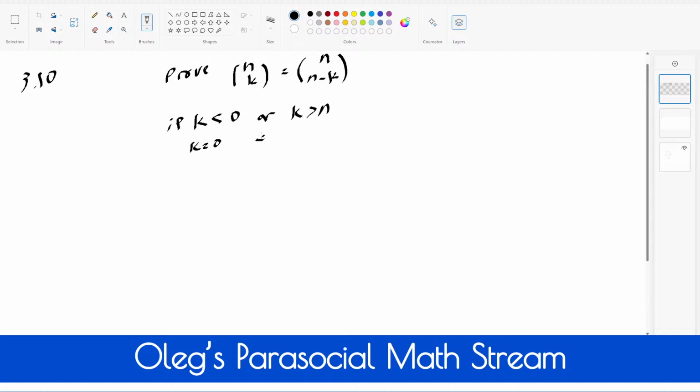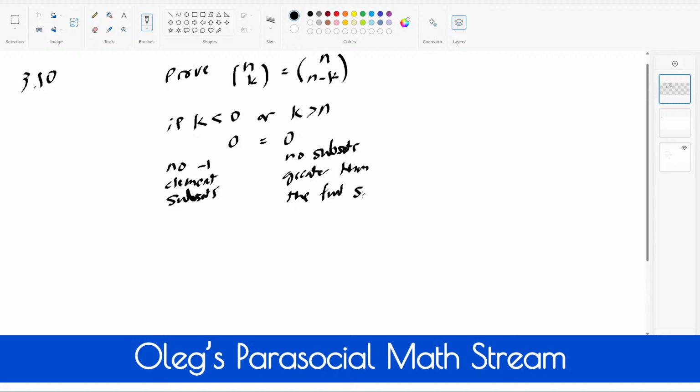Sorry, that's not k equal to 0. No, negative 1 subsets, no. Subsets greater than the full set.